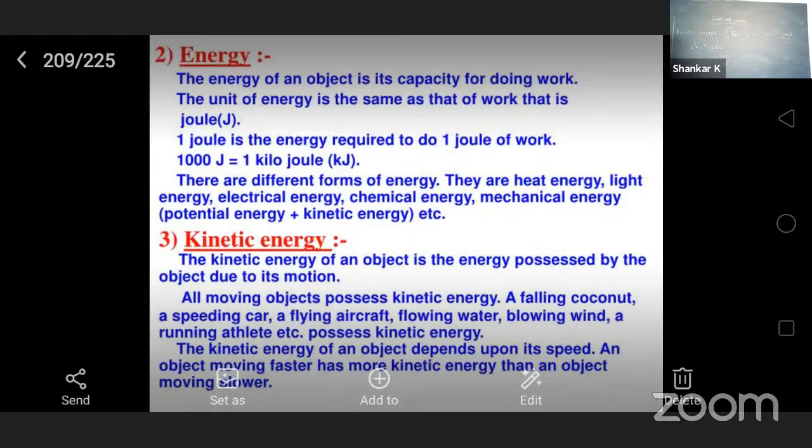Here s is equal to v square minus u square divided by 2a.